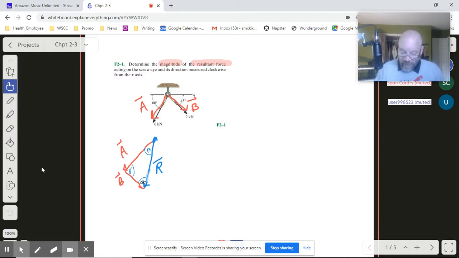The reason I like to do it that way is because whenever I'm dealing with the law of sines, if I've got my angles labeled that way, it's really easy to say that side C over the sine of gamma is equal to side B over the sine of beta, and that's equal to A over the sine of alpha.